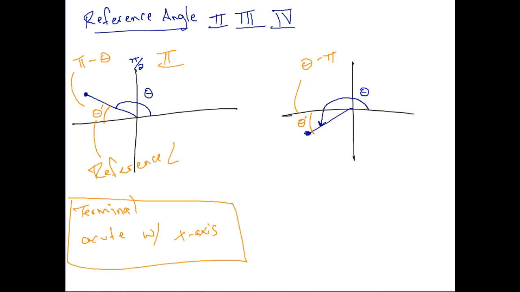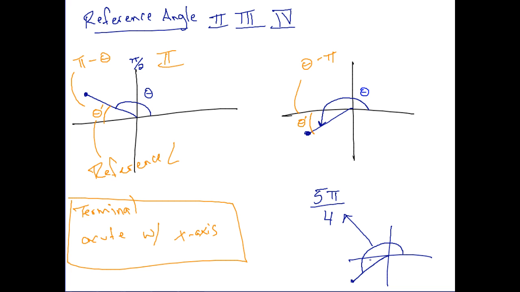Okay, so let's look at an example. Let's say we have an angle like 5 pi over 4. Okay, well, let's graph that. 5 pi over 4, oh, this is pi. 5 pi over 4 would be right here. Okay, this is 5 pi over 4.